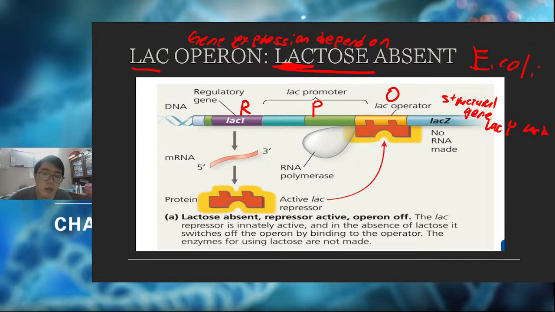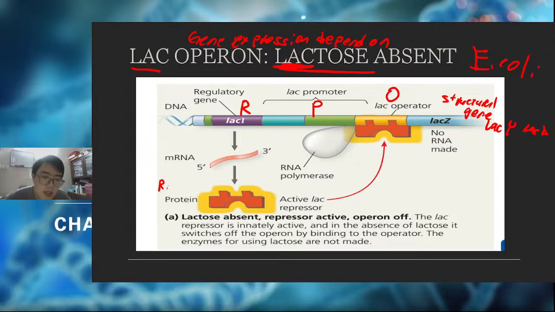Firstly, our regulator is transcribed to form mRNA. Later, the mRNA is translated into a type of protein called repressor protein.